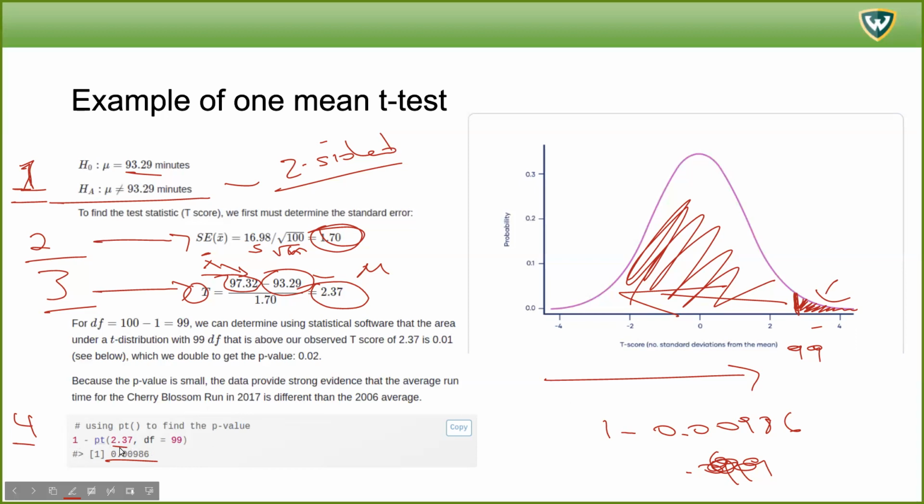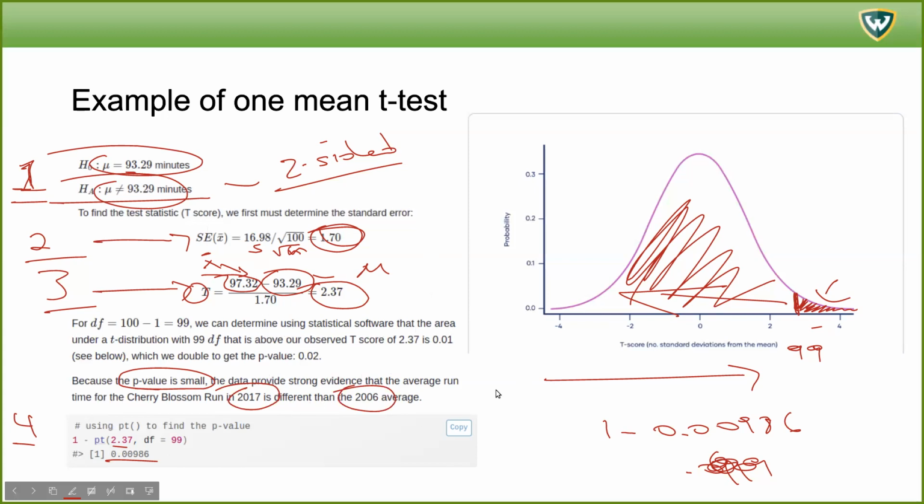When you do that, you see that the probability of getting 2.37 or above is very low. Most values are below that. In that case, because the p-value is so small, we reject the null hypothesis, and we accept that there is a statistically significant difference between the 2017 and the 2006 average values.